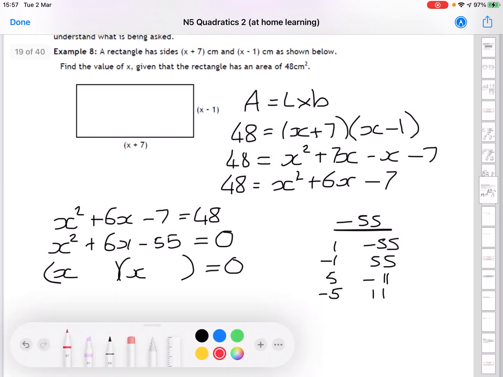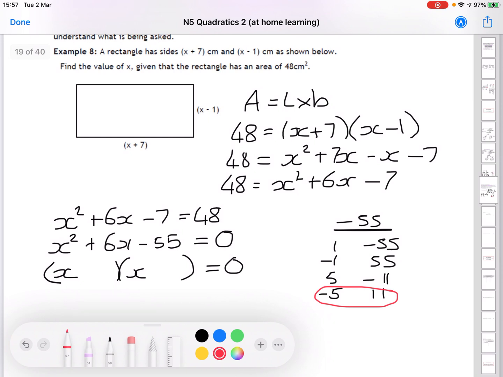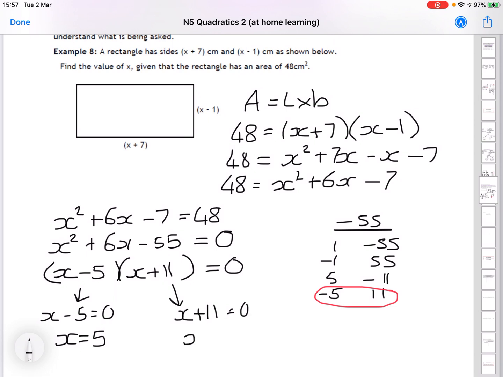So to get positive 6, it's going to be minus 5 and positive 11. Minus 5 add 11 gives you 6. So x minus 5, x plus 11. So if we solve here, we've got x minus 5 equals 0, so x would be equal to 5. And our other solution is x plus 11 equals 0, so x equals minus 11.